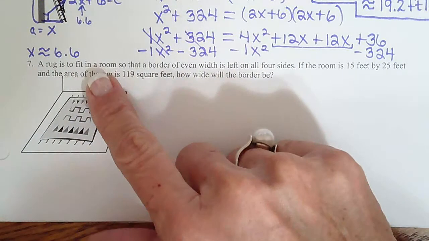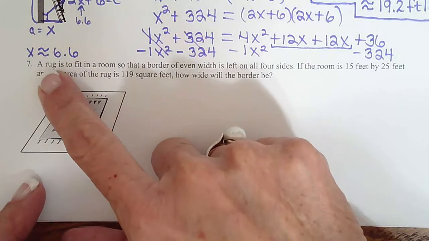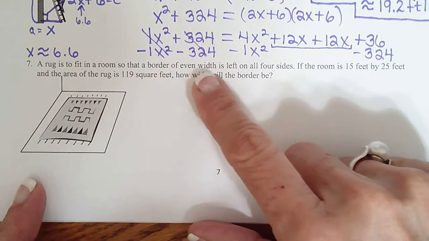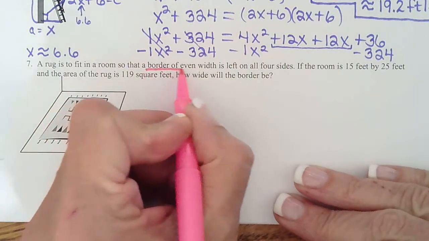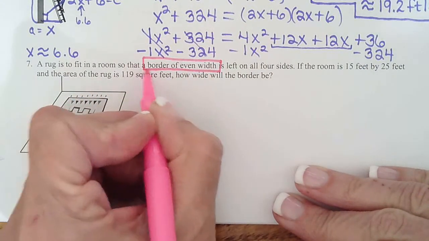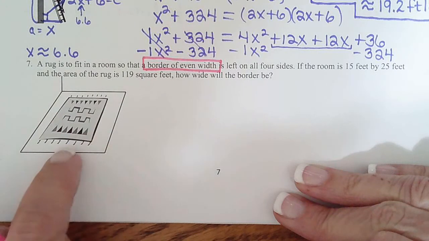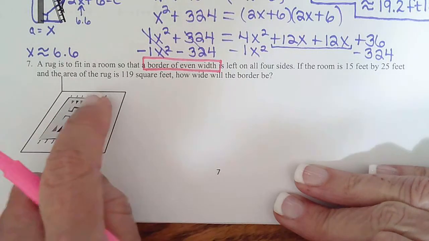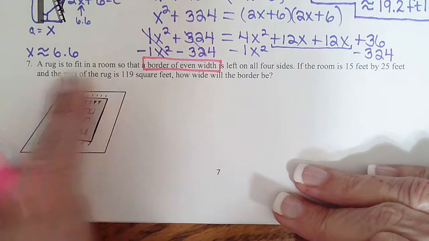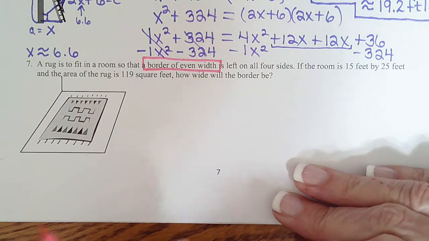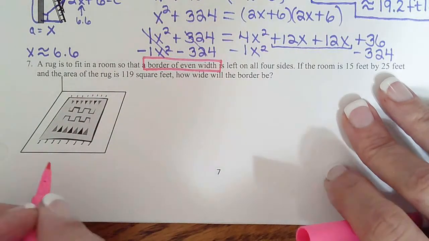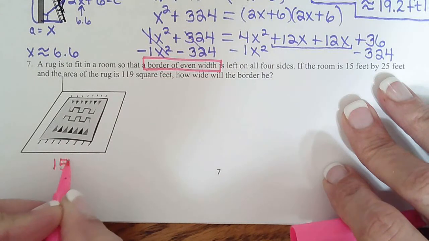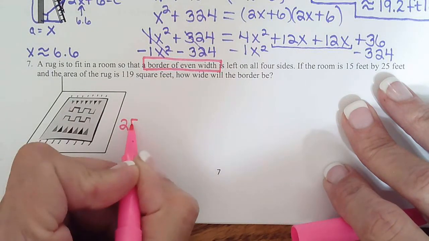A rug is to fit in a room so that a border of even width. That is the key. So you need to know that means this is the same as this, is the same as this, is the same as this. So all the way around it's even width. The room is 15 feet by 25 feet. So 15 feet by 25 feet is the room.